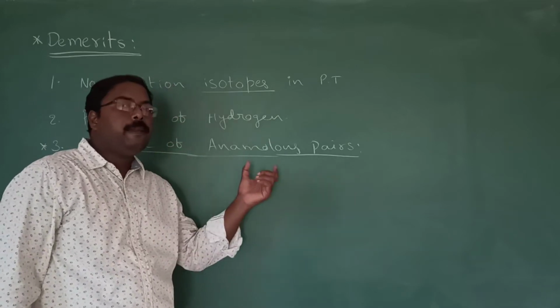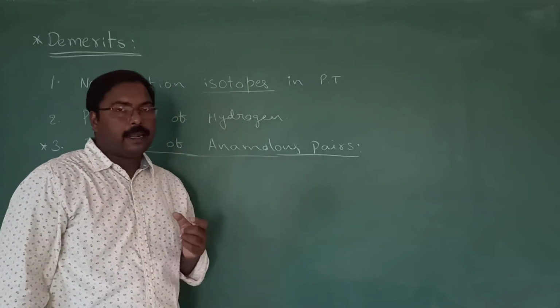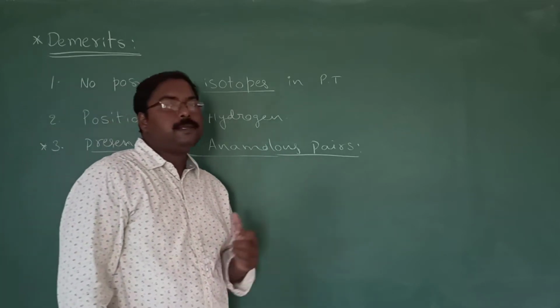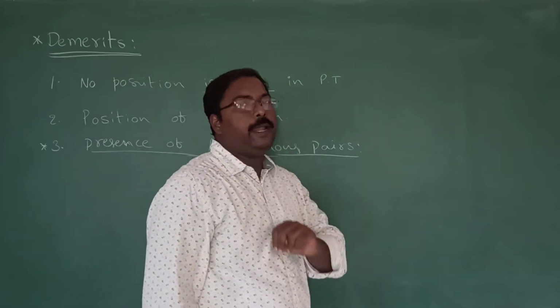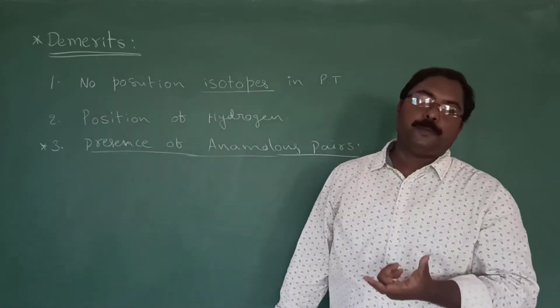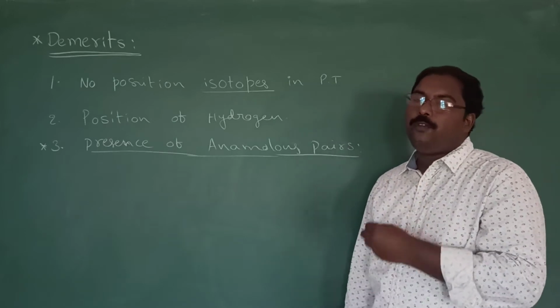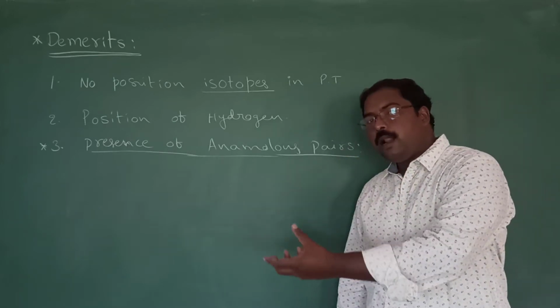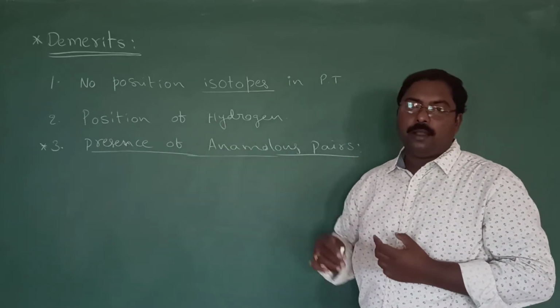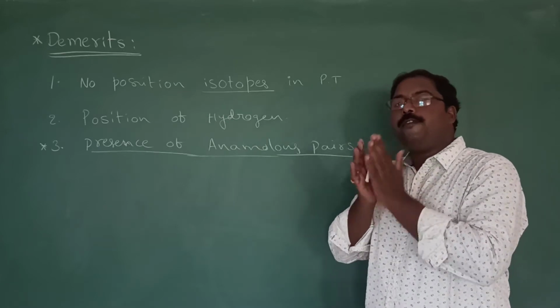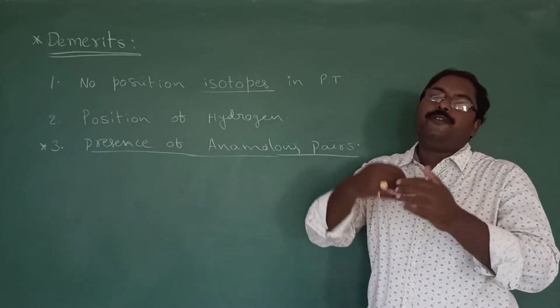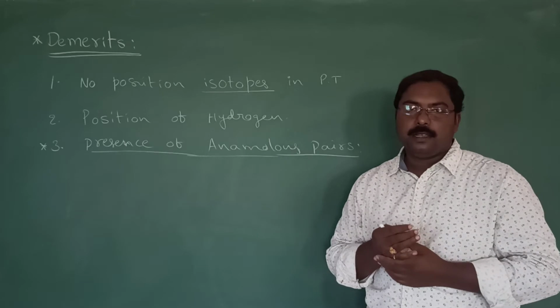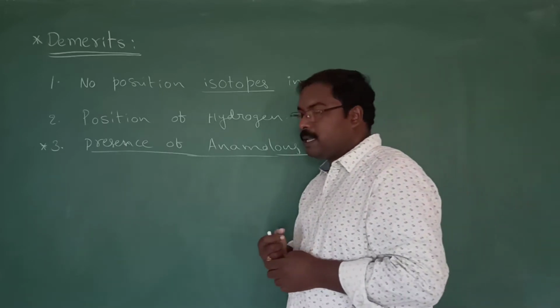What is meant by an anomalous pair? An anomalous pair means two elements. The pair of elements which are not following the rule. The pair of elements which are different from the other elements. So let us discuss it.